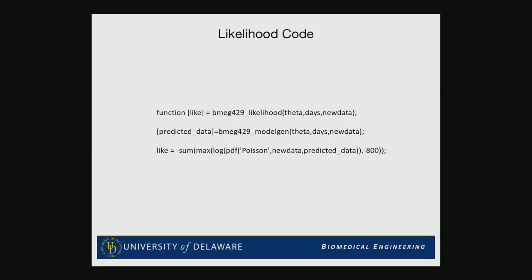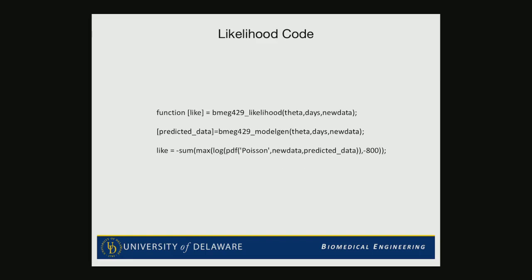So then for the likelihood code, again, the inputs to it are theta, the guess that we have for those 4 parameters, the days, which is just the time points that we have data from, and then new data, which is the number of new infected people at each of the time points from the previous one.